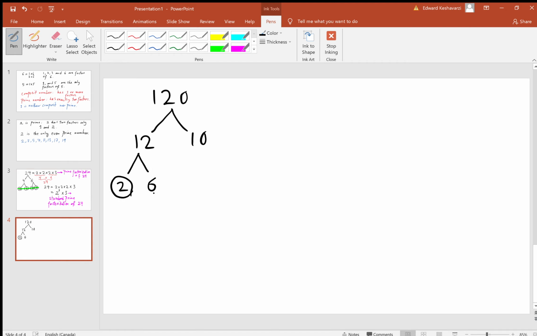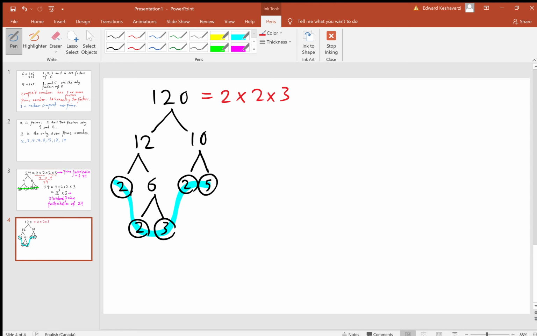I'm going to encircle. 2, 3. And 10 is 2 times 5. So I'm going to write them from left to right, not to forget any of those. Therefore 120 can be written as 2 times 2 times 3 times 2 times 5.